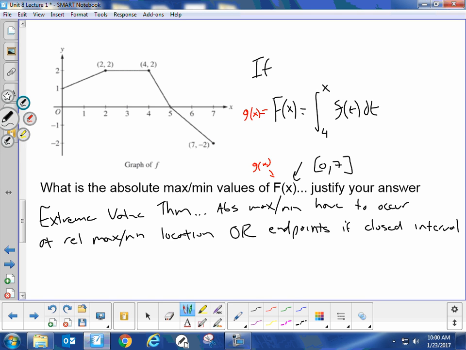Well, first, we got to find our relative max or min locations. Where does big F, which you can think of as G, have a relative max or min, if this is the graph of f? Discuss that with your neighbors first.